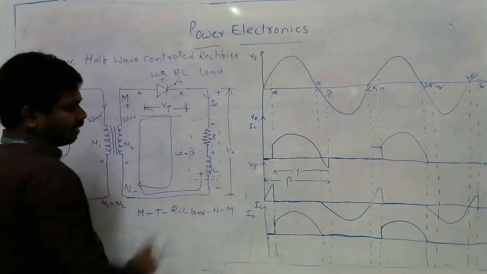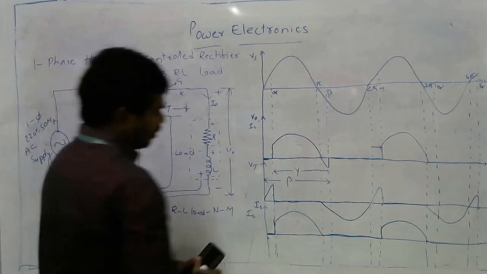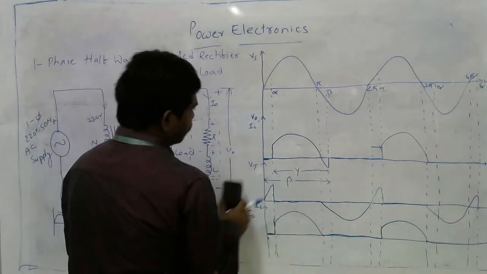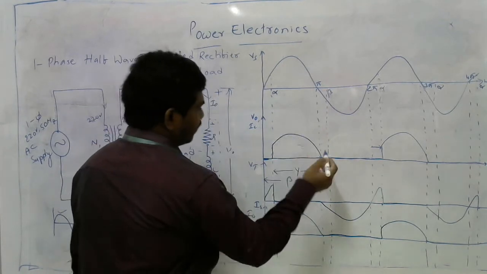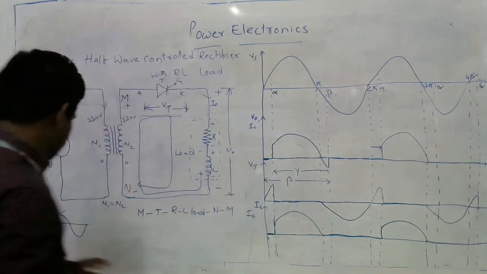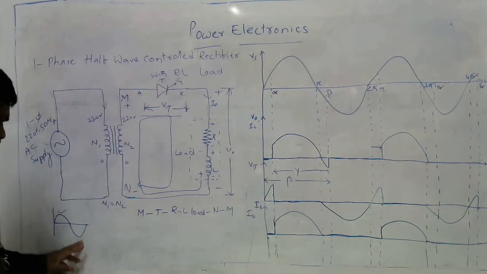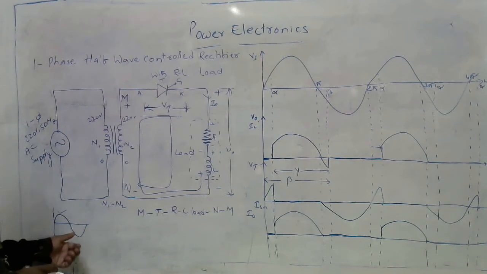That's why we are getting this. When we see the current waveform, we will see the negative half cycle first. After that we will draw the current waveform; it's very easy to understand.